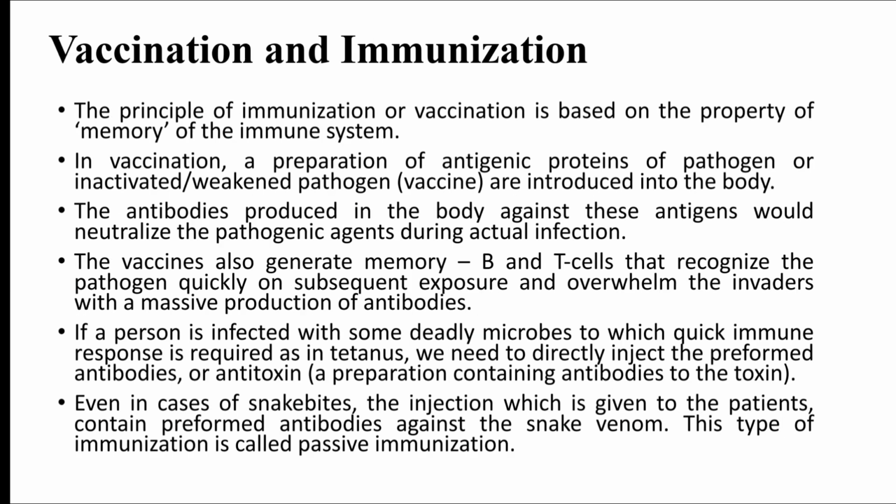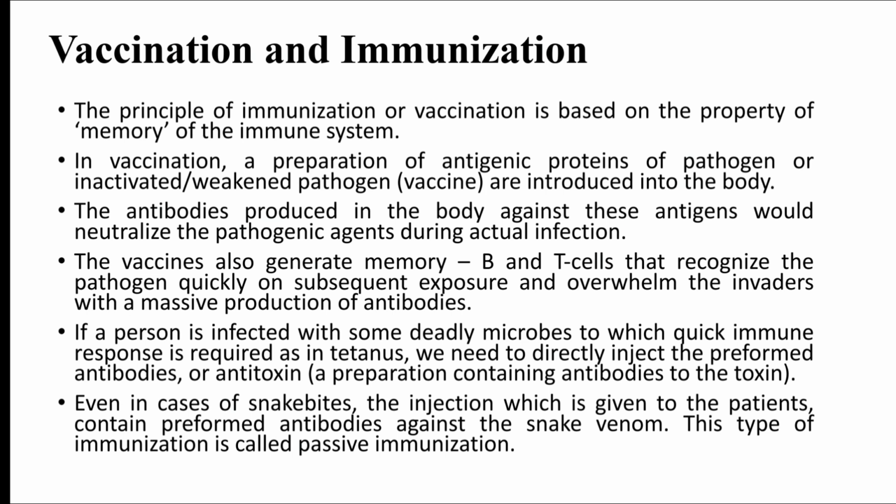Then what is vaccination and immunization? The principle of immunization and vaccination is based on the property of memory of the immune system. In vaccination, a preparation of antigenic proteins of the pathogen or inactivated pathogen is introduced into the body.